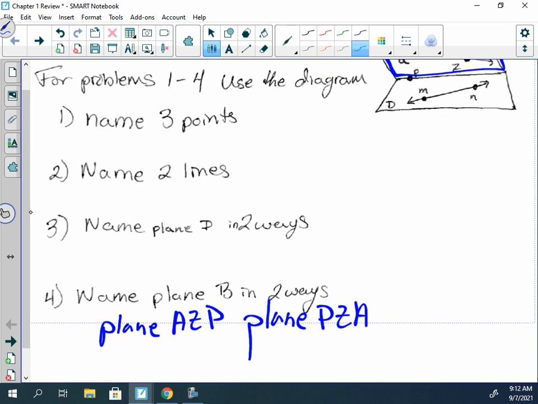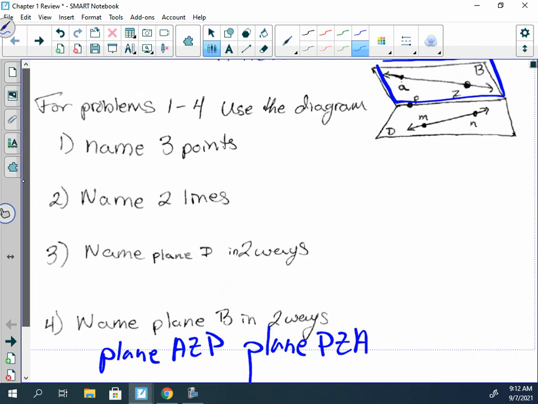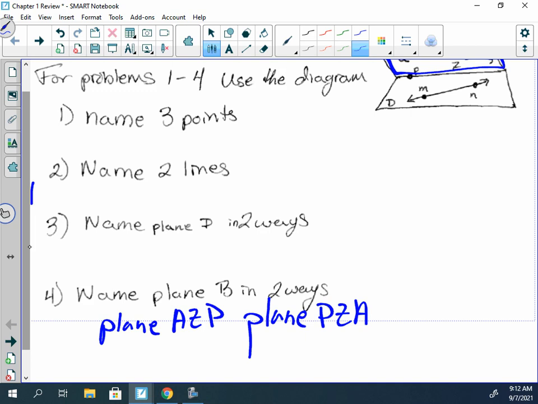Any others on 1 through 3 that y'all want to see worked or done? So we good with 1 and 2? Number 1 is just naming 3 points, so we could say AZP. Name 2 lines. Again, remember whenever we name a line, we need the line symbol.